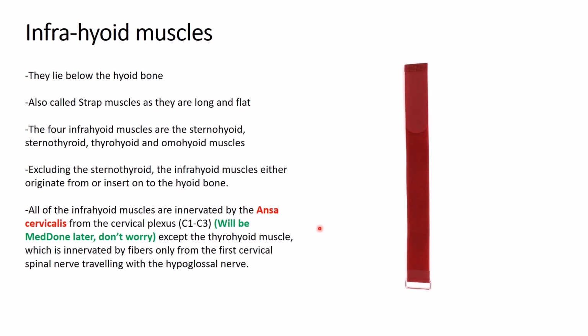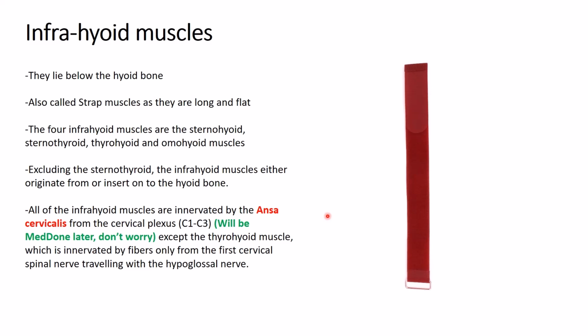C1, C2, C3 all give branches to form the ansa cervicalis. Ansa means handle, because it looks like a handle. Cervicalis because it's derived from the cervical nerves C1, C2, C3. And we will talk more about it later on in the next few slides.